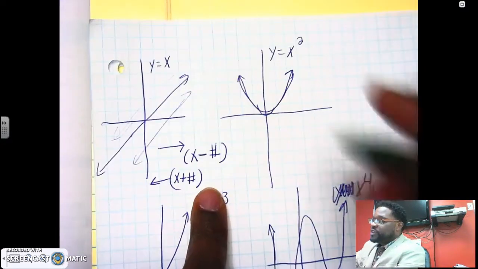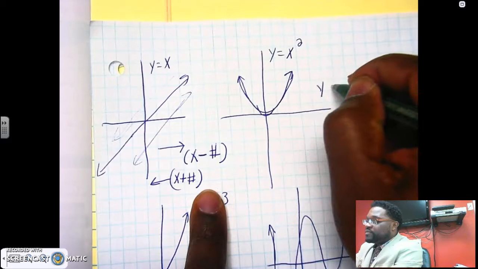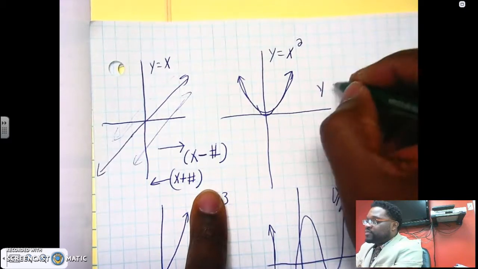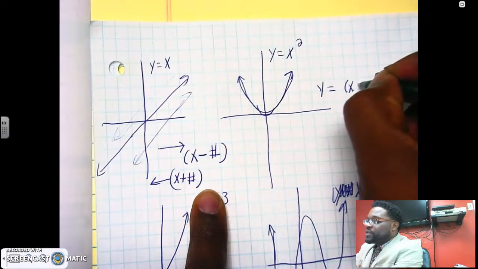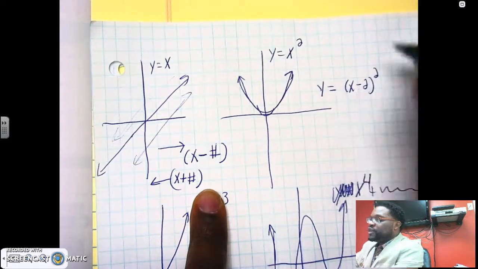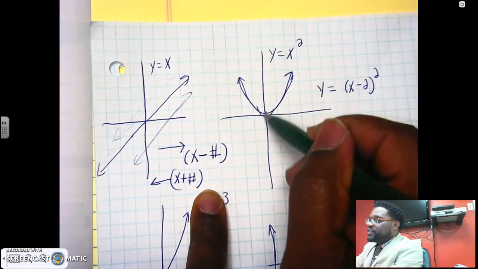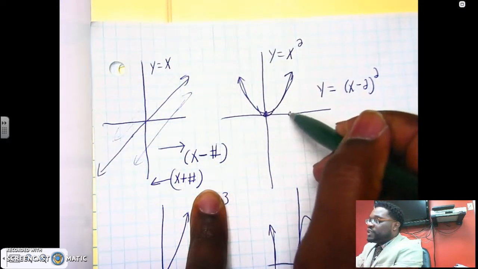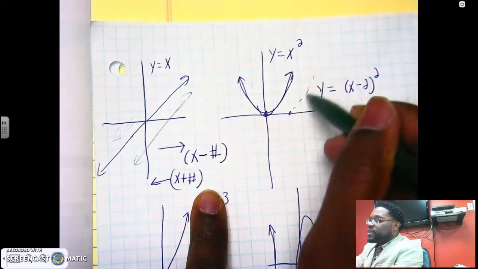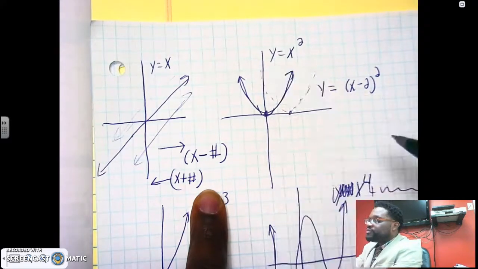Same thing over here. y equals x minus 2 squared. What that does is take the vertex right here and move it to the right 2. And so now this parabola is shifted over.